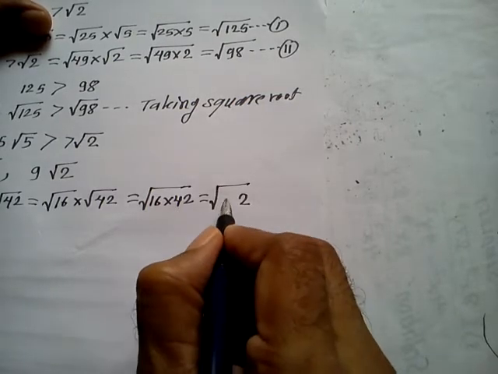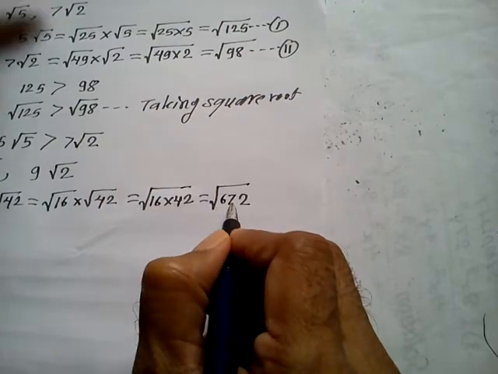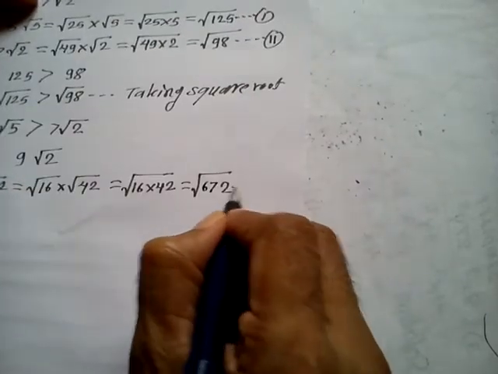Is it clear now? 67, it means 672, equation first.